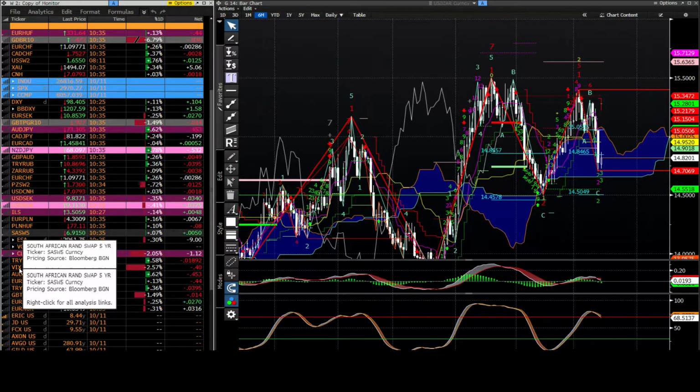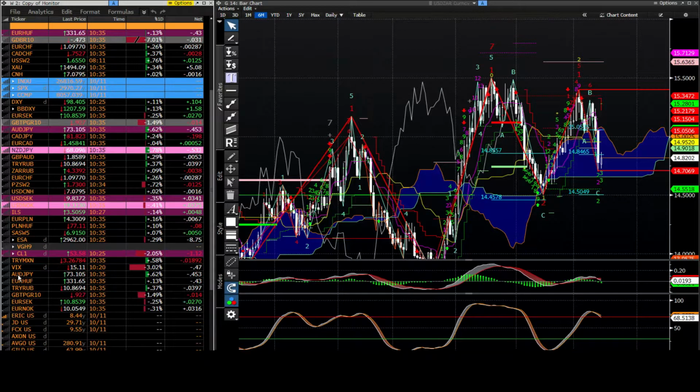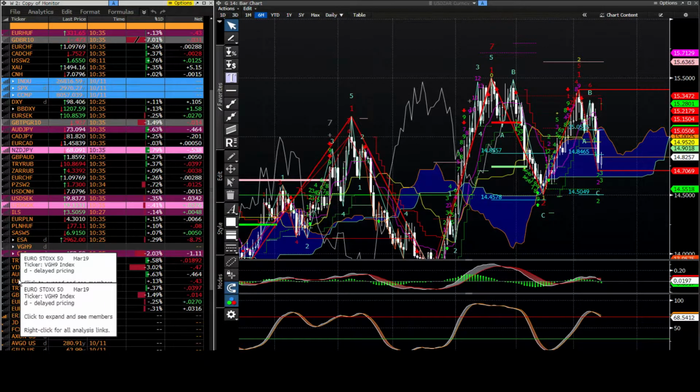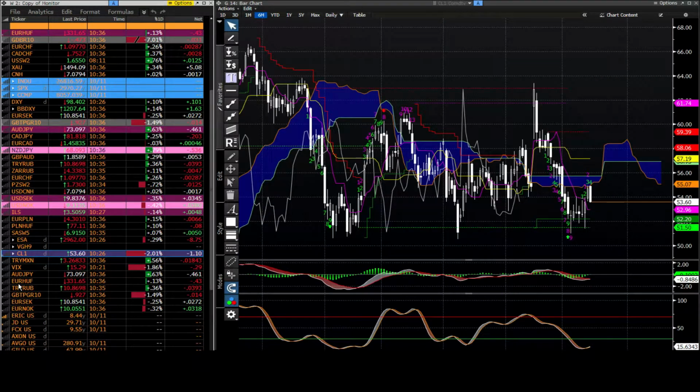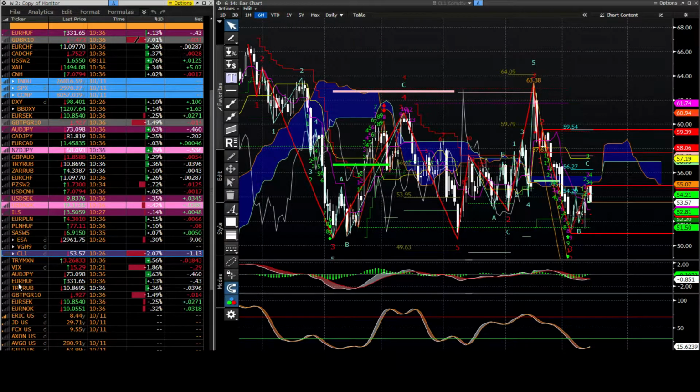Looking at oil prices, I'm going to put the crude light contract here, CL1 on Bloomberg, and it was very interesting. This is where indicators such as the ones that I put together on my charts can paint a really strong story. So oil came down at the end of August and early September.